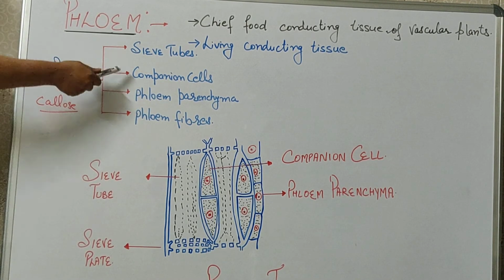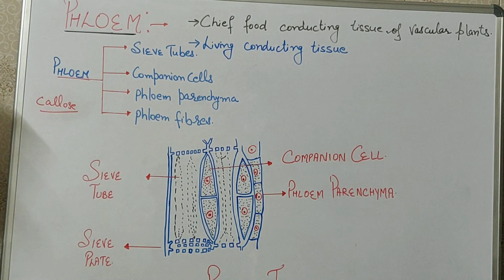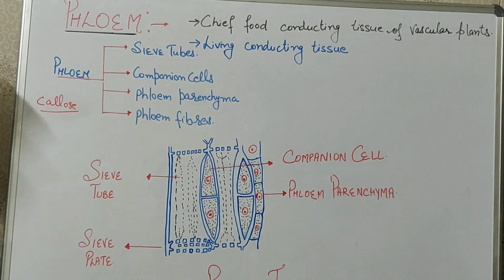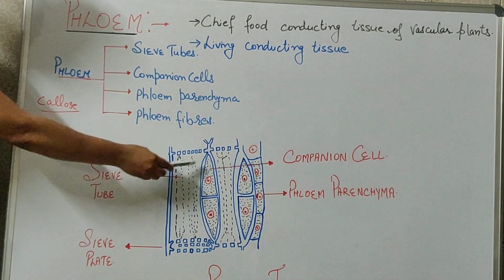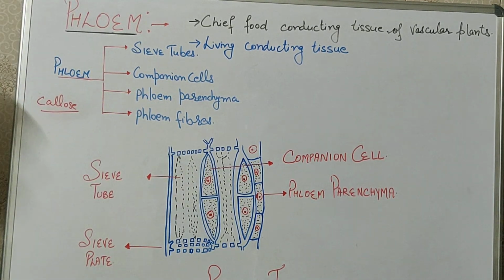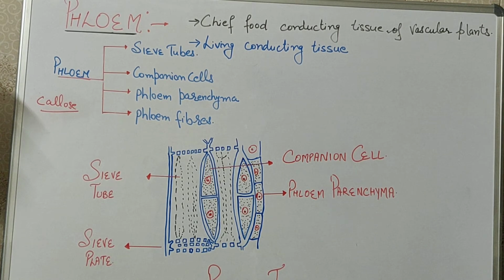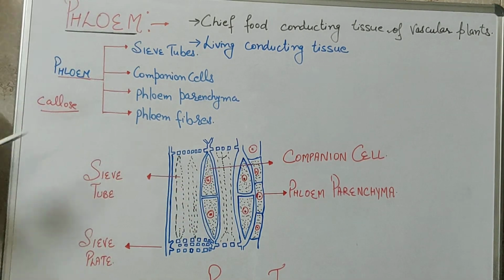Now let's start with companion cells. Companion cells are thin-walled cells which are found associated with sieve tubes. As they are always found associated with sieve tubes, their name is companion cells. These are living parenchymatous cells. They have dense cytoplasm and prominent nuclei.